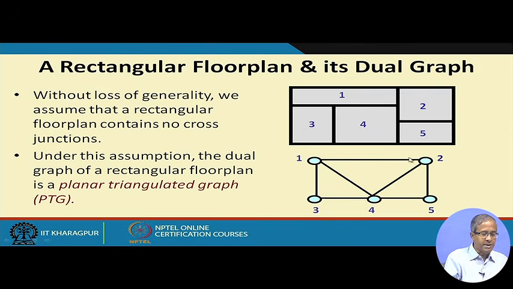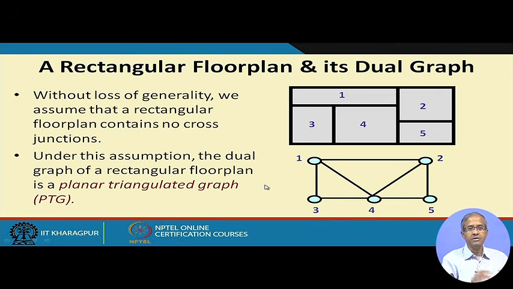Now, one property you can see, this you can work out with other examples by hand yourself also, that you take any such planar rectangular floor plan, you convert it into the dual graph, you will see that the dual graph will consist of a set of triangular regions. This is called a planar triangular graph. Planar means it can be laid out on a plane without the edges crossing each other.